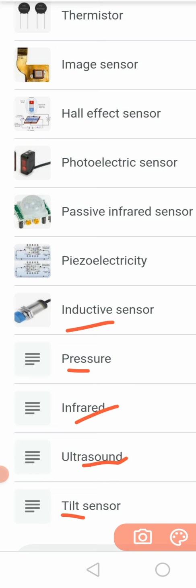It is used to detect the tilt of an object. There is also the pressure sensor, which measures the pressure or force exerted on or experienced by an object. So that's how the pressure sensor works.